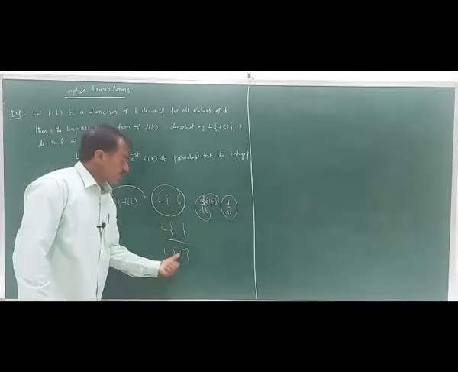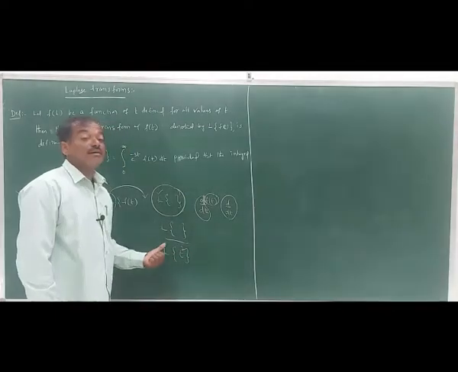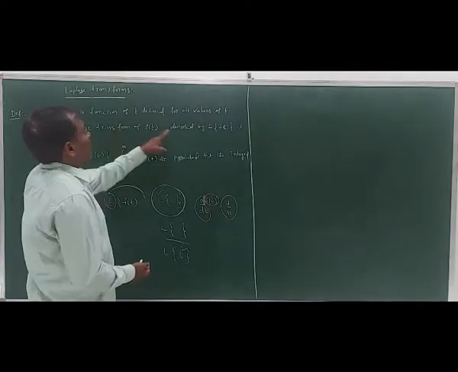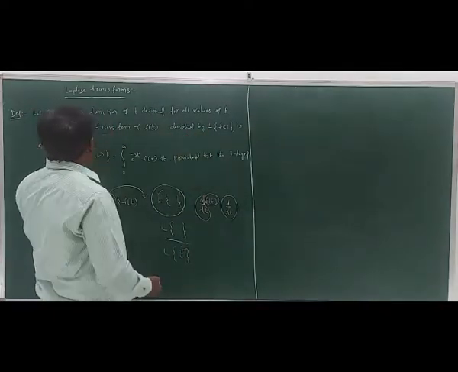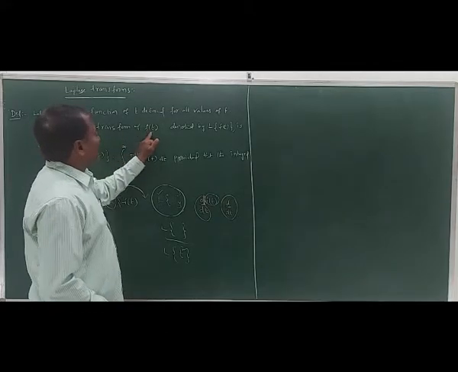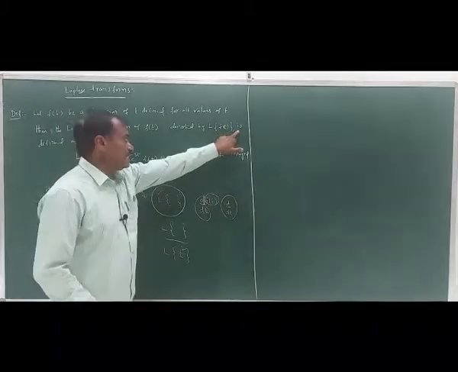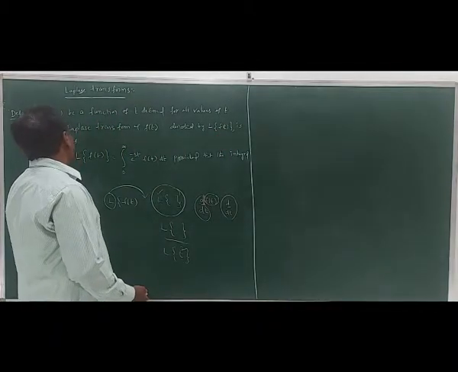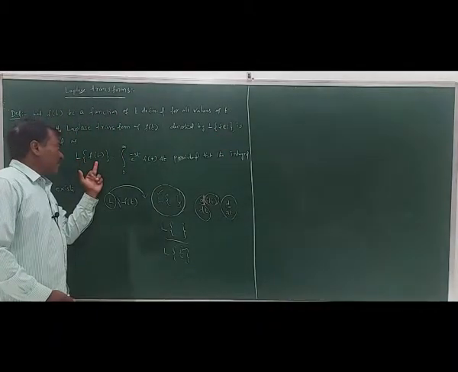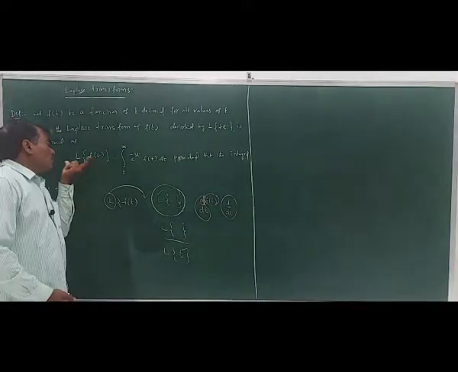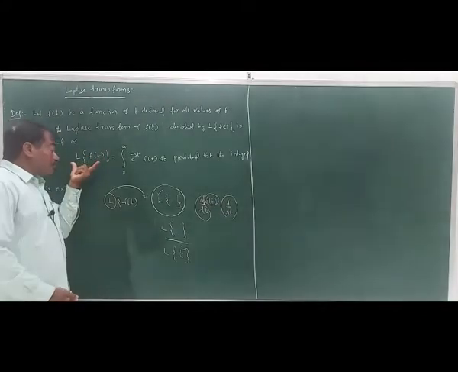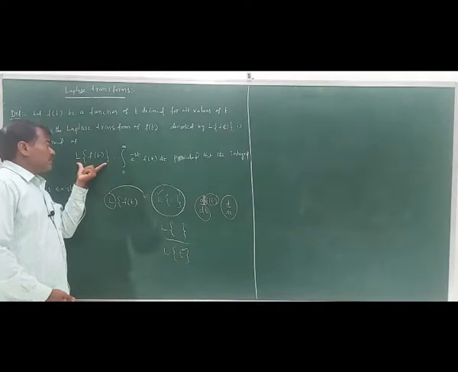Here L is the operator. Therefore, the Laplace transform of f of t, denoted by this symbol, is defined as Laplace transform of f of t equal to... Actually, what is the meaning of Laplace transform of f of t?